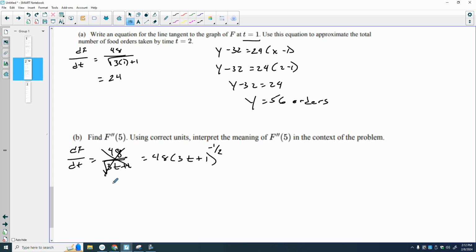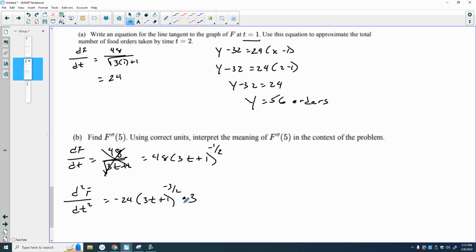I'm not using this. Okay, so d2, or the second derivative, is exponent rule. Power times the coefficient, so negative 24. Leave the inside alone. Decrease the exponent by 1. Times the derivative of the inside function.